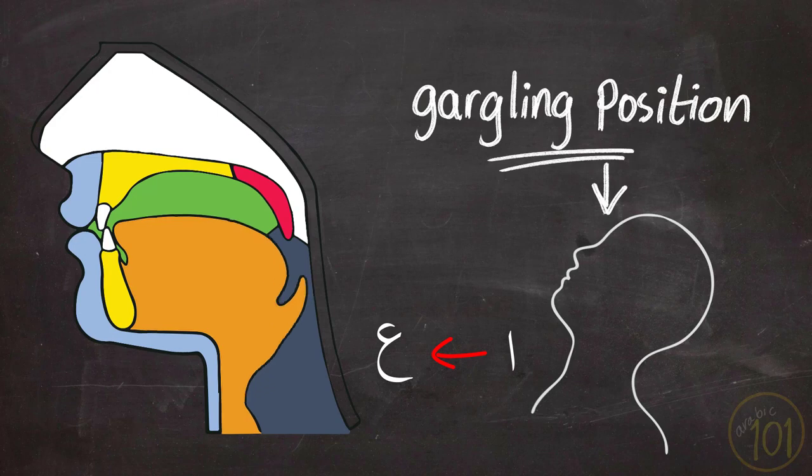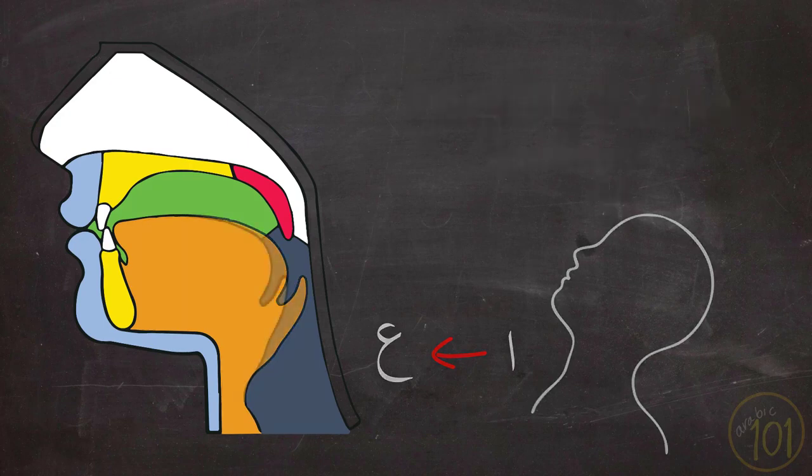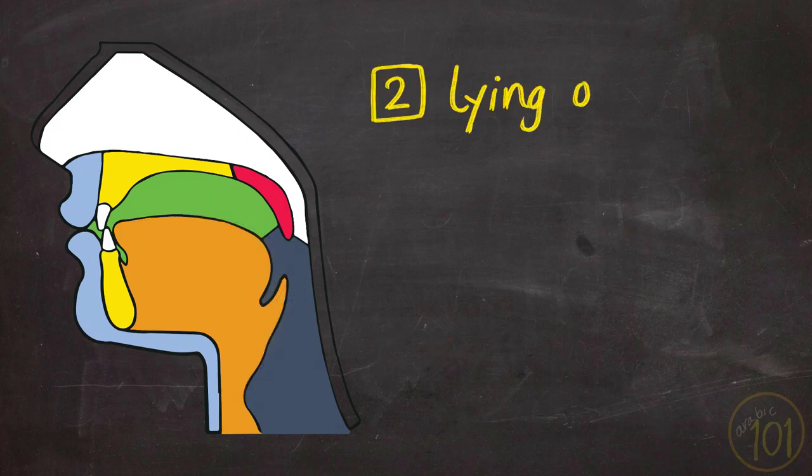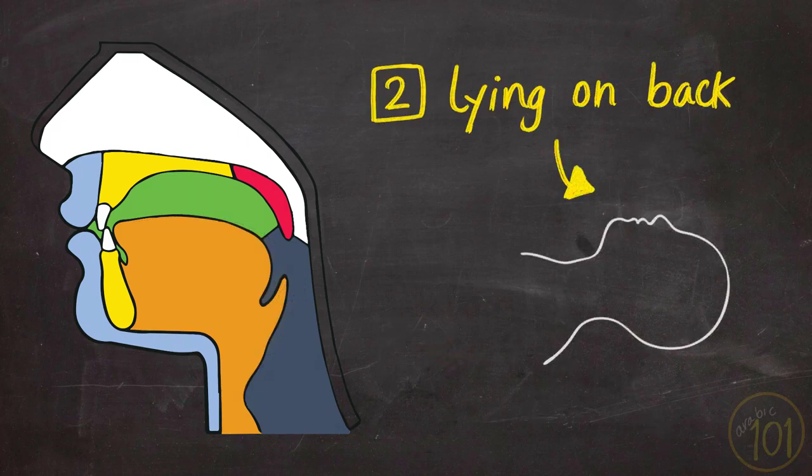The other trick to try to practice both ayn and ha is by lying on your back and practicing both of these sounds. This position helps a lot with controlling your epiglottis more easily when you're standing upright.